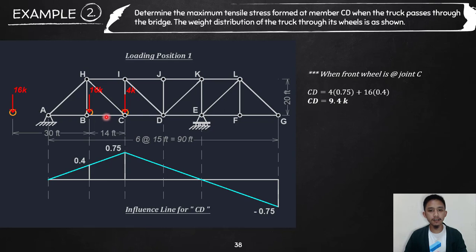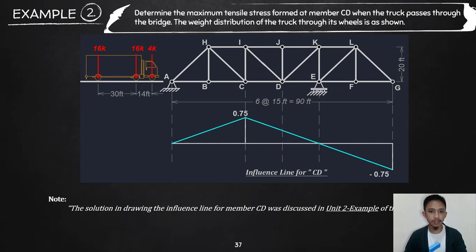What if your front wheel, okay, this is your front wheel. By the way, I did not draw the entire track so that it will not make our figure complicated, but we will still follow the orientation of the position of the loading, considering that is the track. As you can see, 30 and 14 are the distances between these loadings.